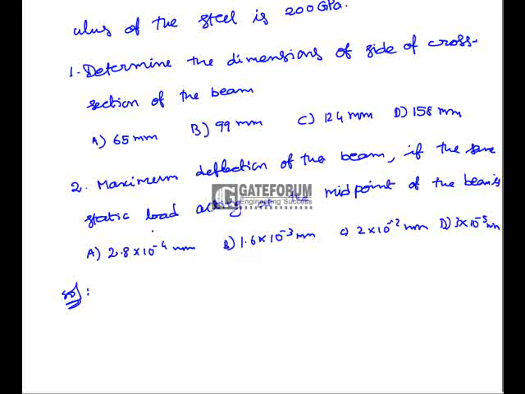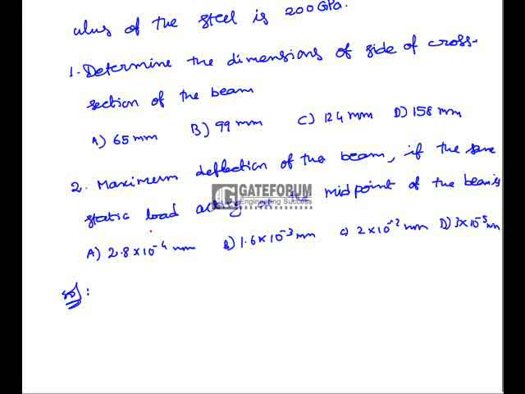Coming to the solution, in the given problem a weight of 2 kilonewtons drops through 40 mm at the center of the simply supported beam. That means the simply supported beam is subjected to an impact load.